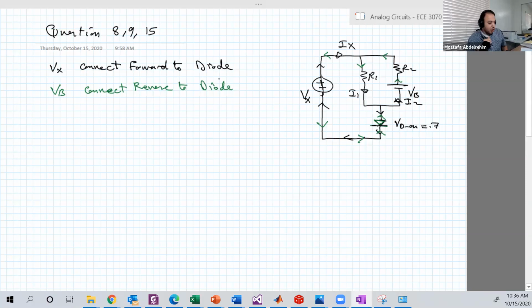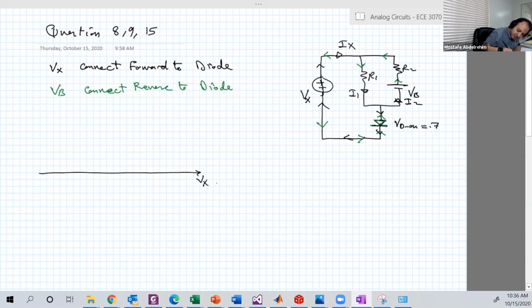So Vx minimum is actually the minimum input voltage for Vx that will turn the diode on. But VB minimum is something opposite. It will turn the diode off. We can visualize it using this very simple diagram.